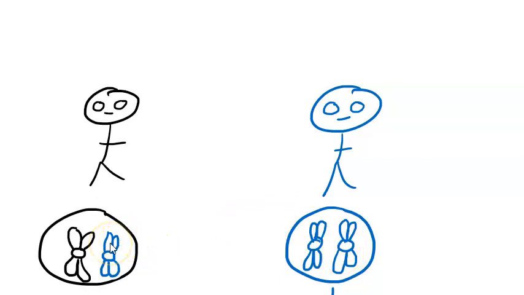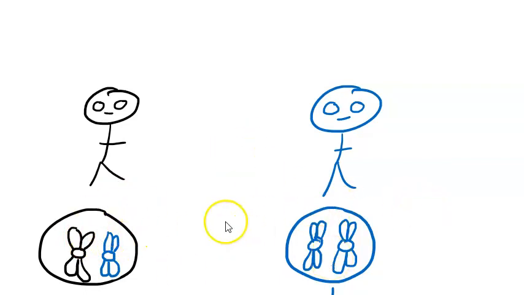I've used different colors like I have with previous videos to show that this chromosome contains an allele for brown eyes, and this chromosome contains an allele for blue eyes. So this individual here is going to have blue eyes because they've got two chromosomes that contain an allele each for blue eyes, and this individual will have brown eyes because they've got the brown eyes allele.